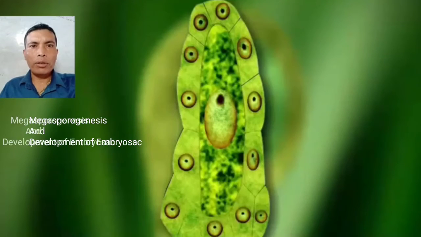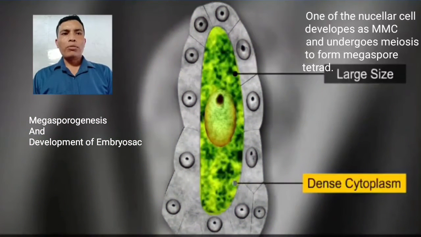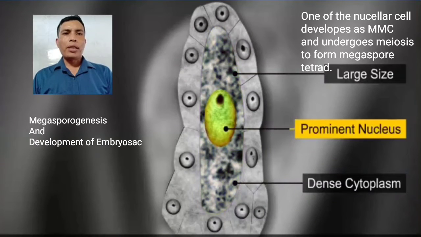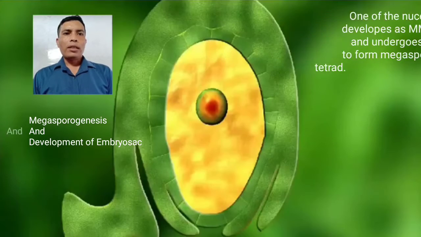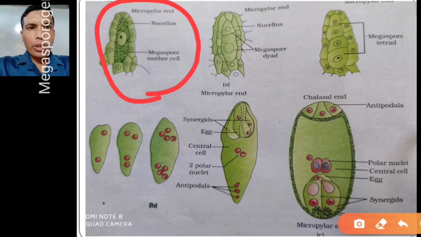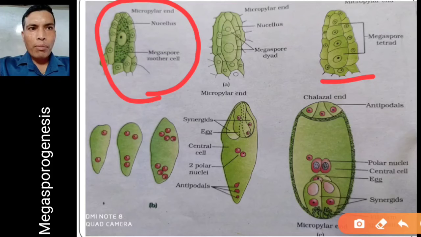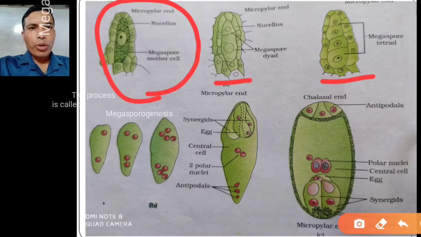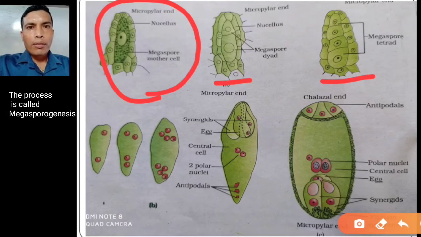Within the ovule, one of the nucellar cells will enlarge and become a megaspore mother cell. This is a megaspore mother cell. It will undergo meiosis to form a megaspore tetrad. This process of formation of megaspore tetrad from megaspore mother cell by meiosis is called megasporogenesis.